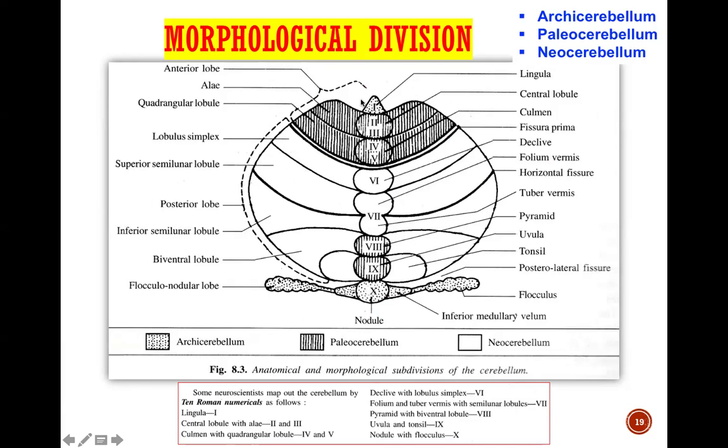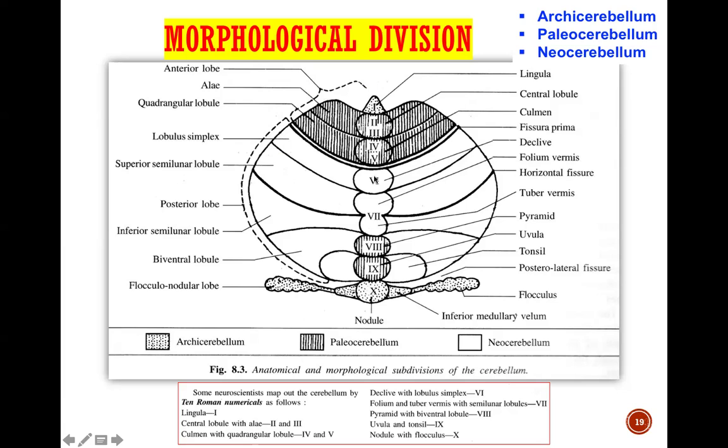Then the paleocerebellum, and the white structure here is the neocerebellum, the new cerebellum. The paleocerebellum is present in between these two structures.